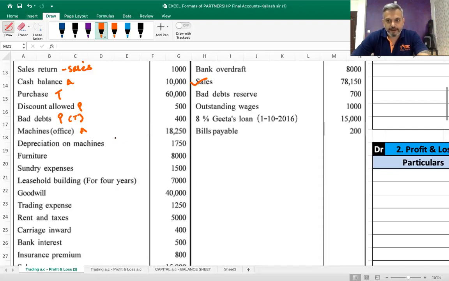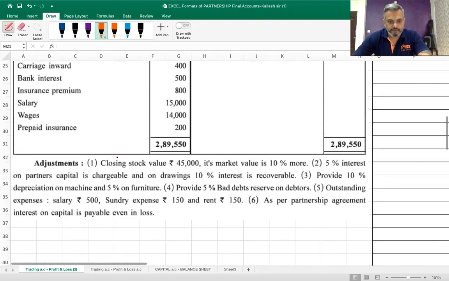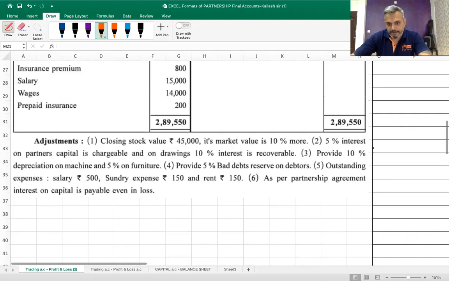So first let's check out, is there any adjustment for depreciation on machine? Please go through your textbook, check करो कहीं दिया है depreciation on machine. Adjustment number 3 is where I can see it's given depreciation on machine is provide 10%. Provide 10%.